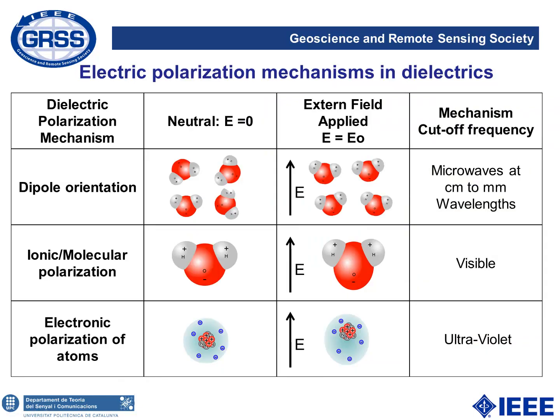Okay, what are actually the mechanisms for a material becoming polarized in response to an external electric field? Well, there are many mechanisms. Some of them are really important in terms of permittivity, like the dipole orientation at molecular level of some liquids, like water, for example.